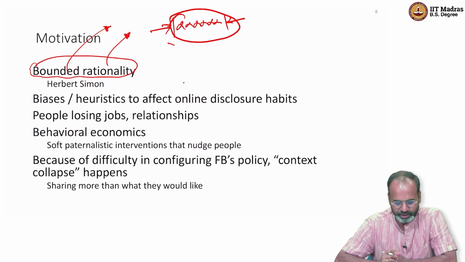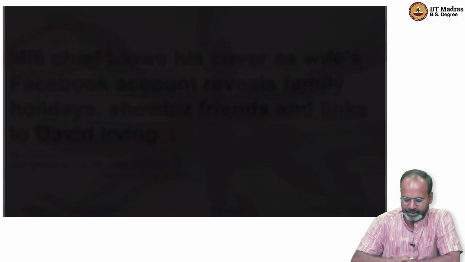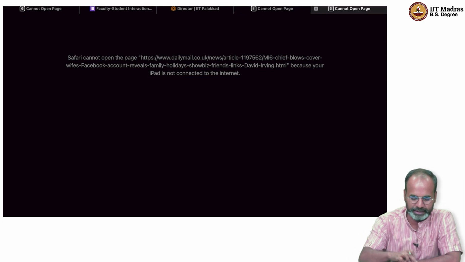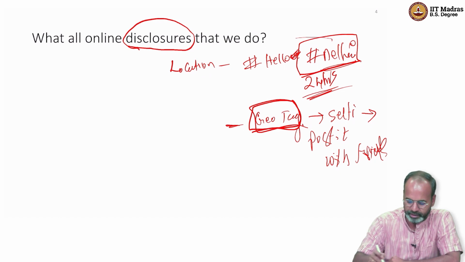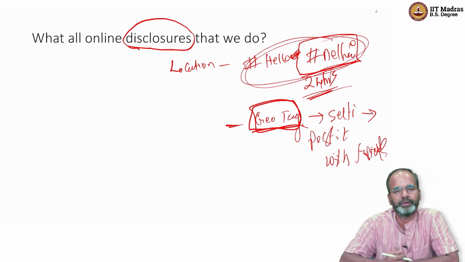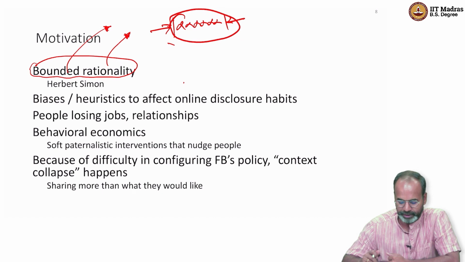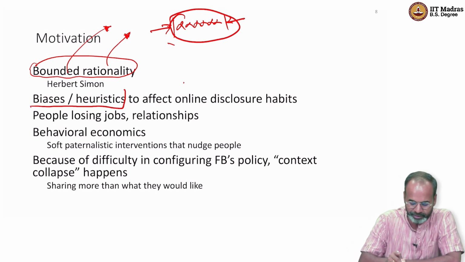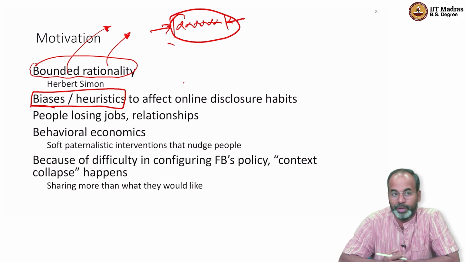So, biases and heuristics affect online disclosure habits. For example, I never used to do this kind of post, hashtag Delhi, before, but today I do. The disclosures that I make are because of biases and heuristics. Today I feel like I want to do it because people connect with me.